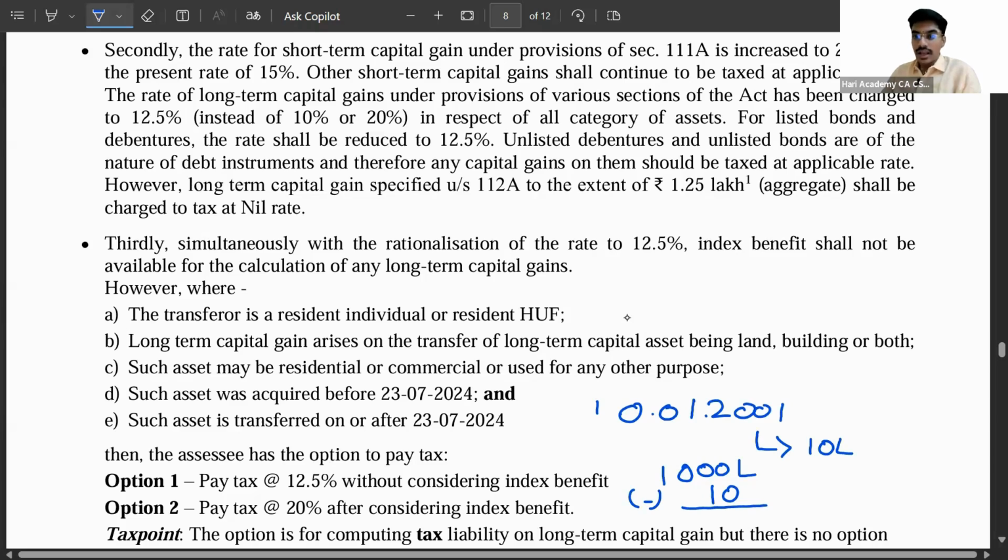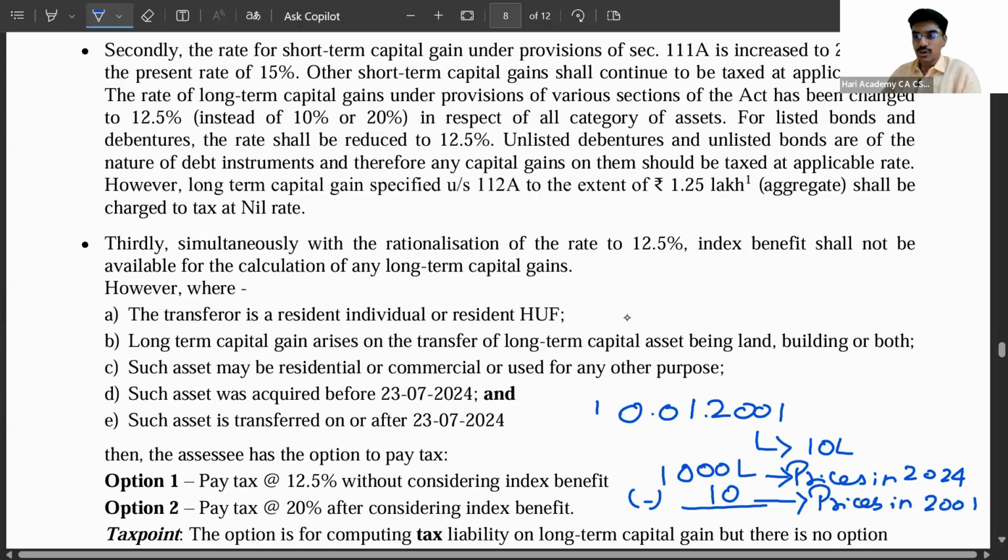But is this even right? Because this 1000 lakh is based on prices in 2024. But this 10 lakhs is based on prices in 2001.